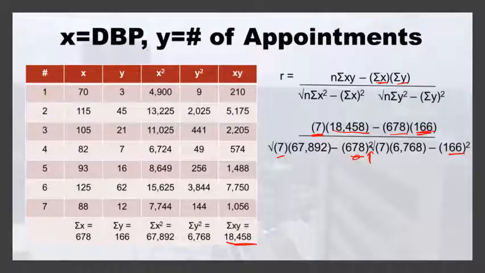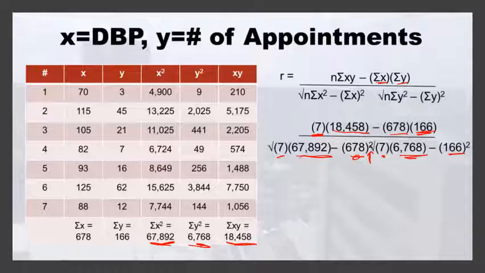Make sure it stays in the parentheses and that you will square it when you work out the problem. Then we have our sum of x squares, which will go here. And then we have our sum of y squares, which will go here. And of course this is another n, which is 7. Now you have all your ingredients and you can actually start solving.